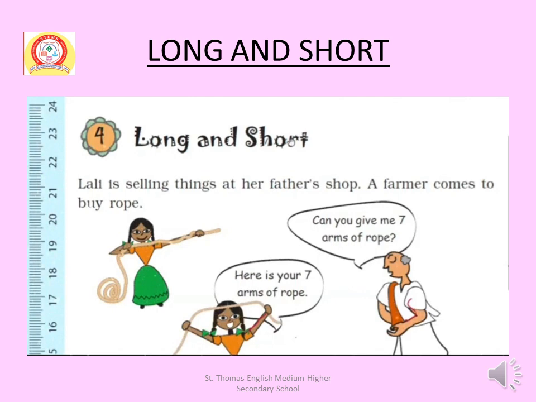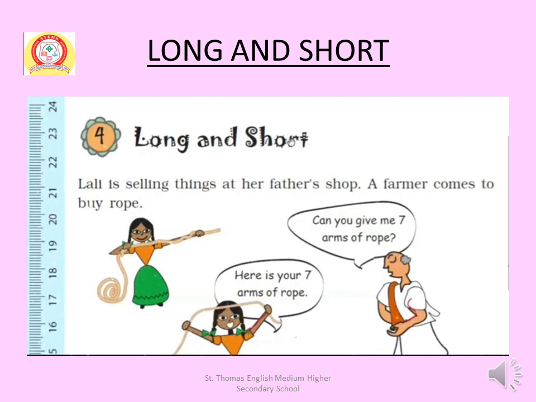So, 7 arms of rope means the length of rope measured 7 times with the arm.